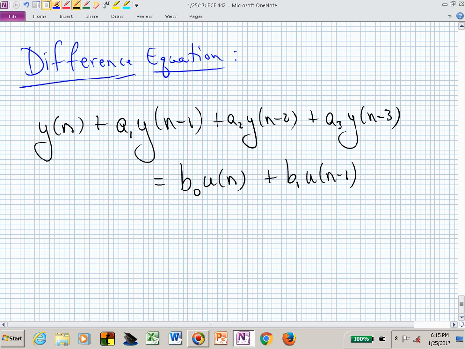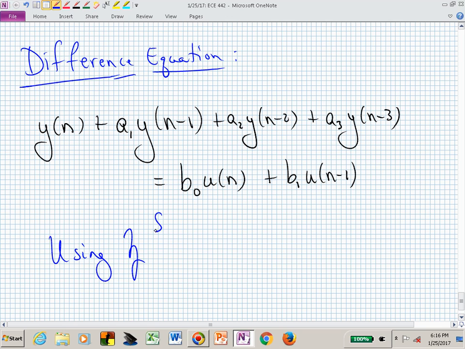What we want to do now is use our knowledge of the Z-transform to convert this into the frequency domain. Now instead of a script L, this is supposed to be a script Z. Hopefully that's okay.